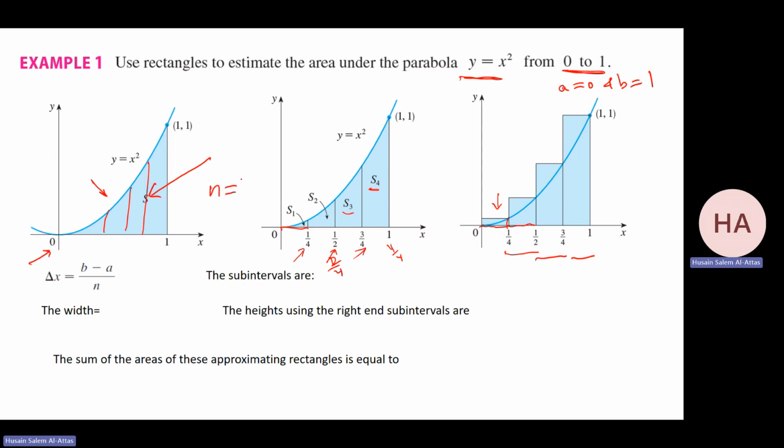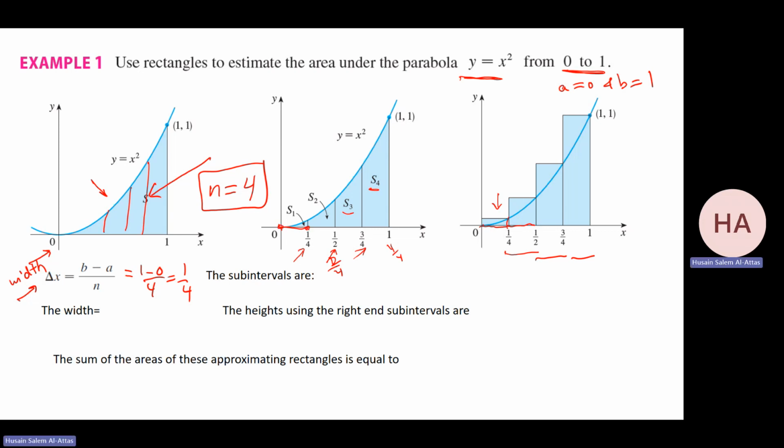I need 4 rectangles. So I'll find delta x, which is the width: B minus A, 1 minus 0 over 4, and that will be 1 over 4. Okay, that will help me to find these intervals.